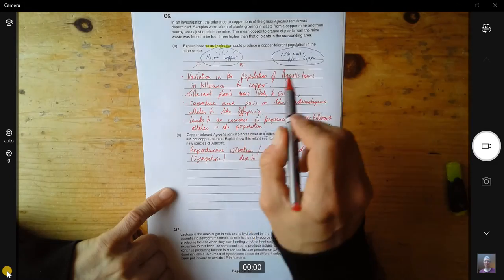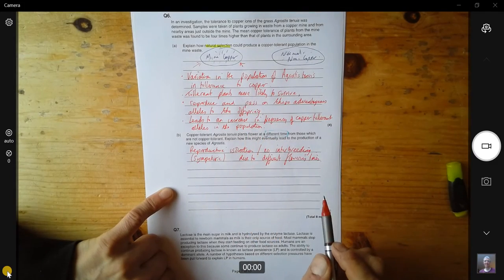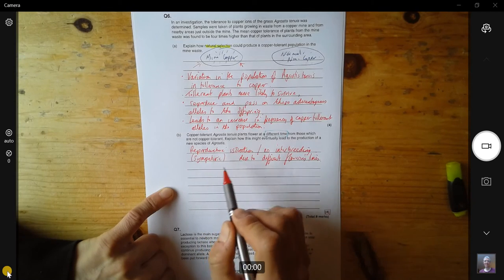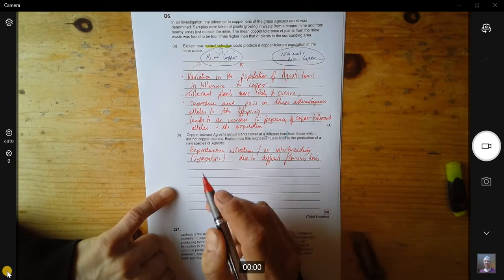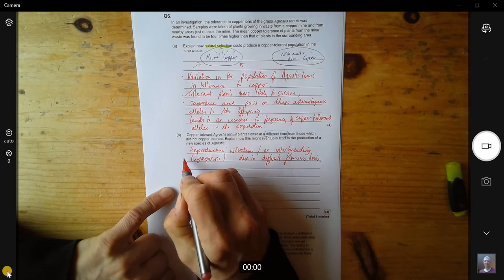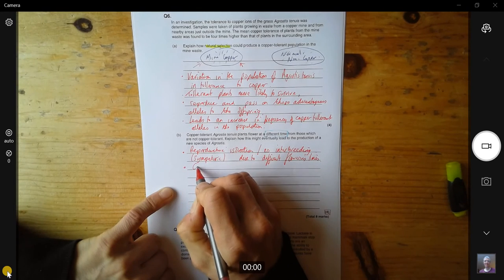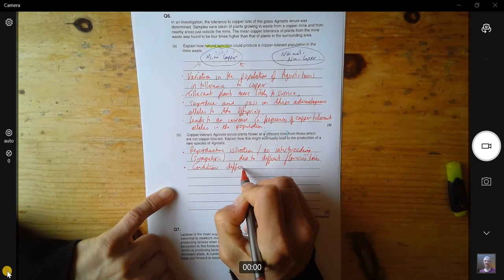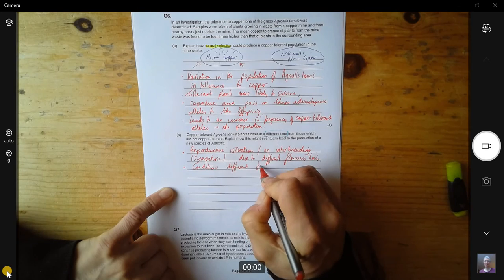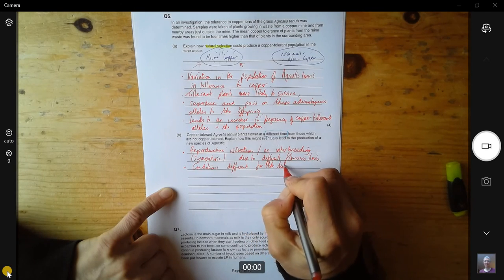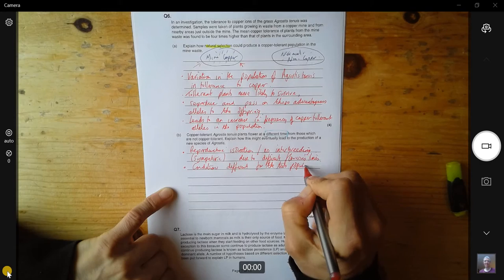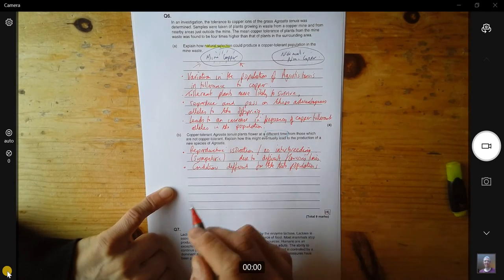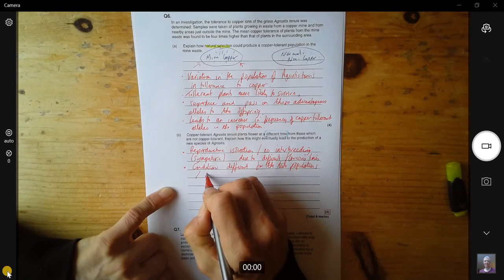And so with these conditions being different for these 2 populations, and now we're saying that they're reproductively isolated, how could that lead to speciation? So conditions different for the 2 populations, that leads to different selection pressures.